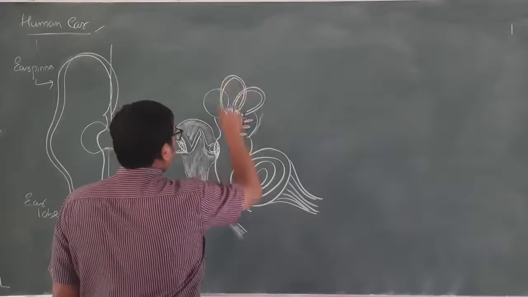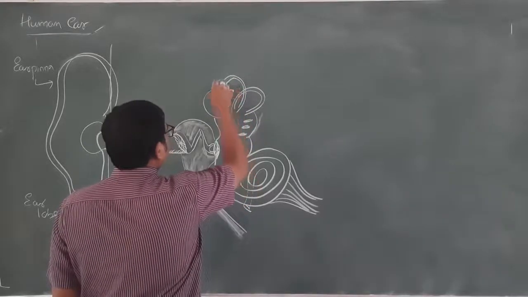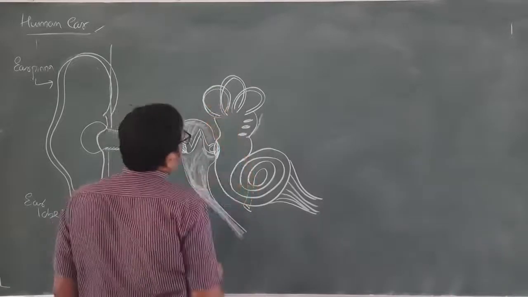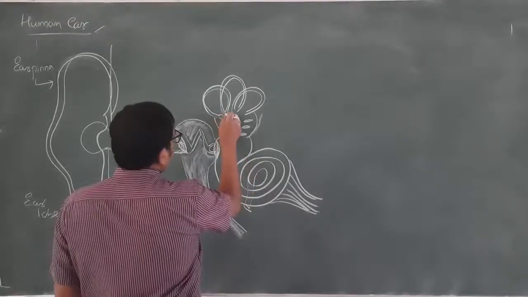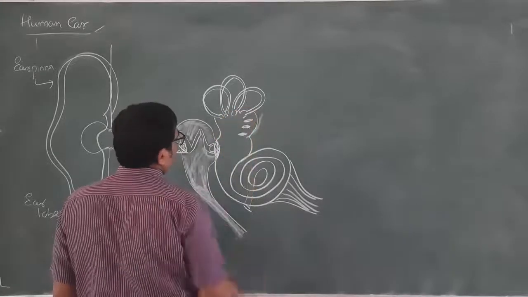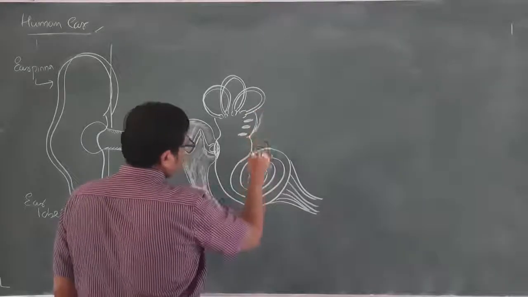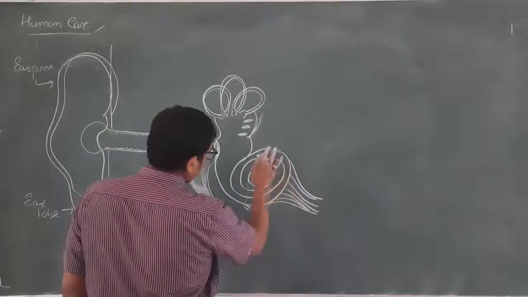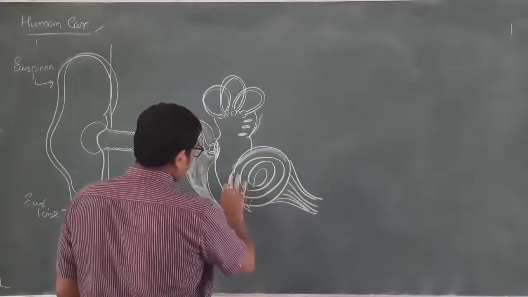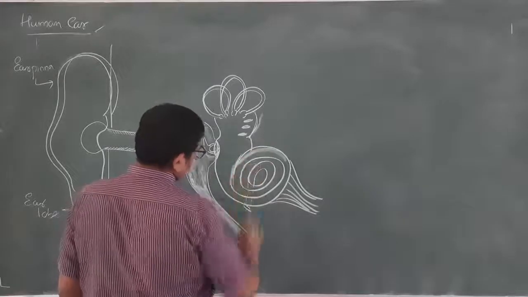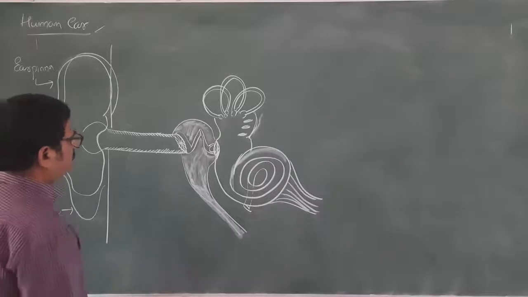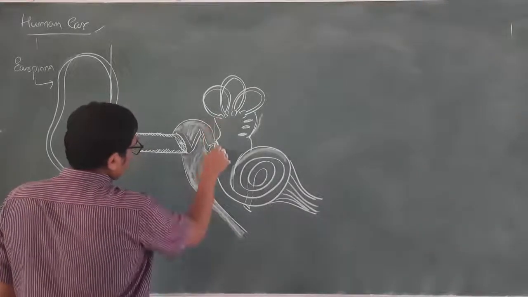We also call them the vestibular apparatus. They have a bulged base, the crista ampullaris will be here, and this structure is what we call the cochlea. So this is all about the ear as such.